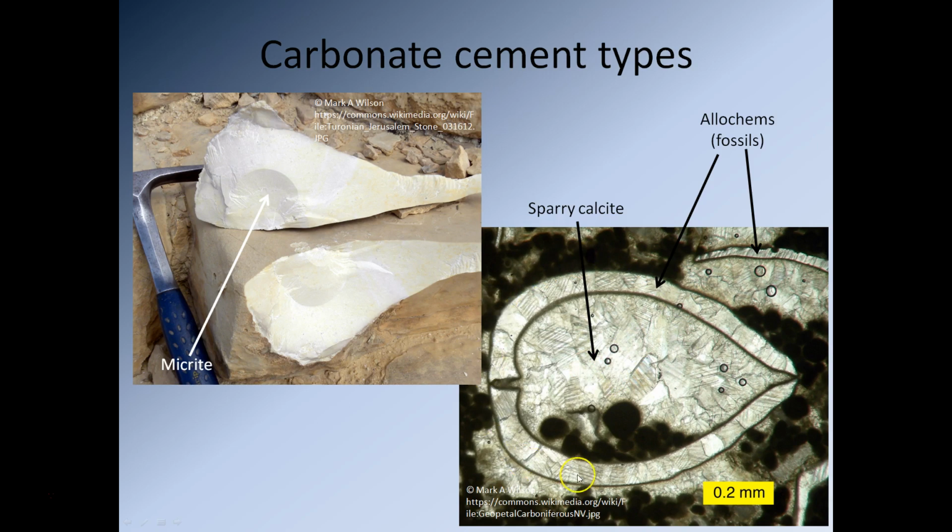So unfortunately, this is a photograph using a microscope, but you can see in this case, this shell, here's the top half of the shell, here's the bottom half of the shell. The interior of this shell has been filled up by these very, very coarse calcite crystals. This is sparry calcite. So you have micrite, this very, very fine cement, and sparry calcite, this relatively coarse cement.